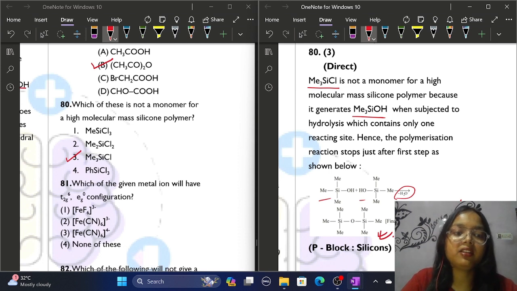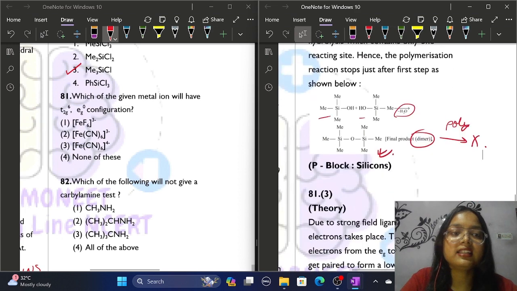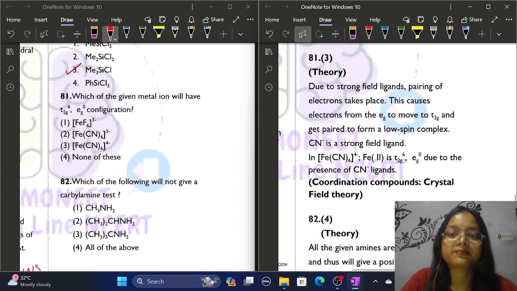Option number 81. What does option number 81 say? Which of the given metal ions will have t2g6 and eg0 configuration? Yeah. So, due to strong field ligands, the pairing of electrons takes place.